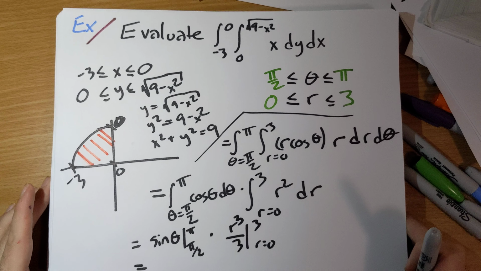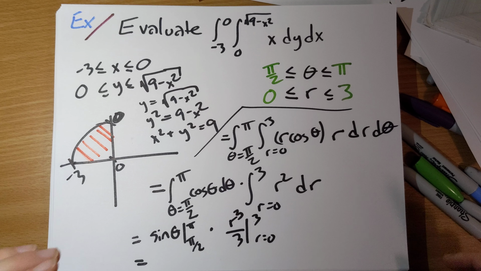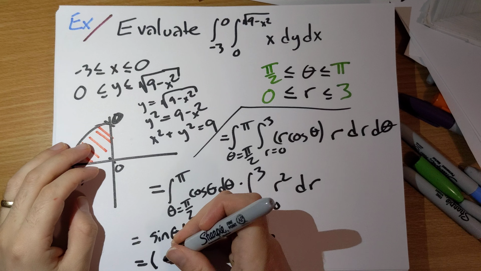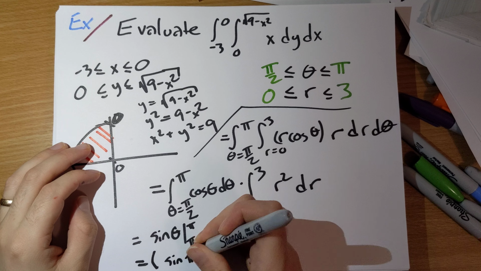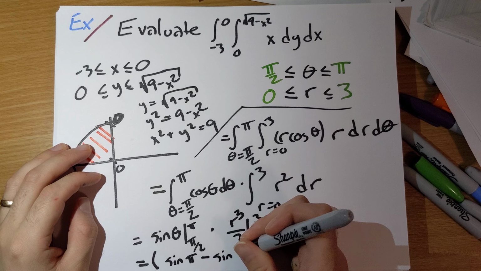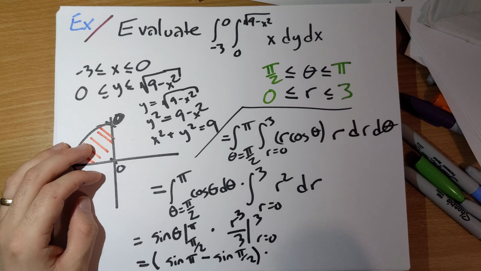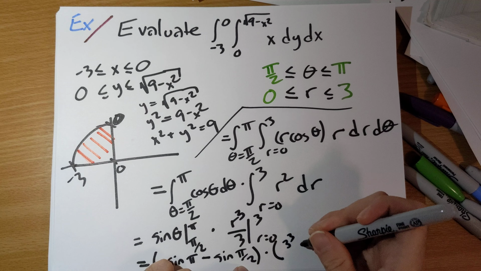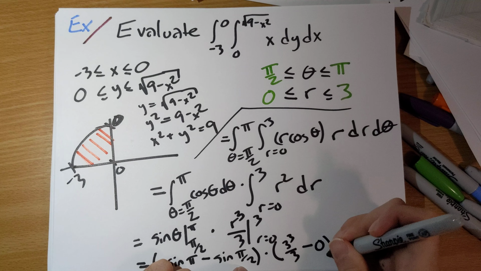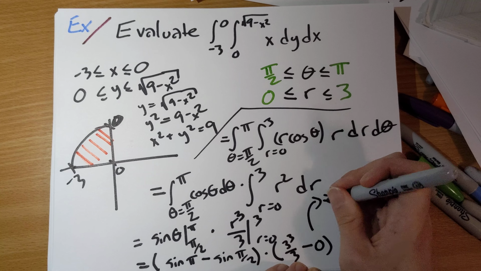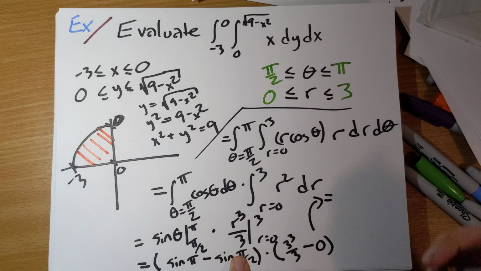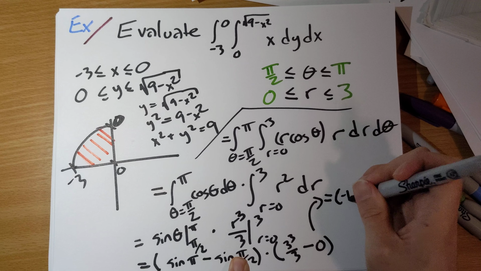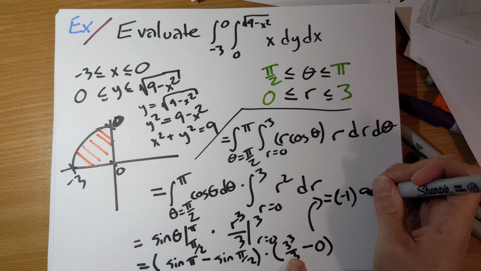And what do we end up with? This will be sine pi minus sine of pi over 2 times 3 cubed over 3 minus 0. And this will be 0 minus 1, which is -1, times 9.